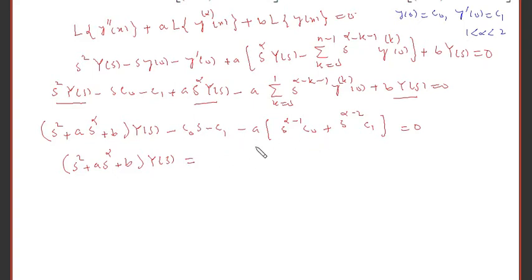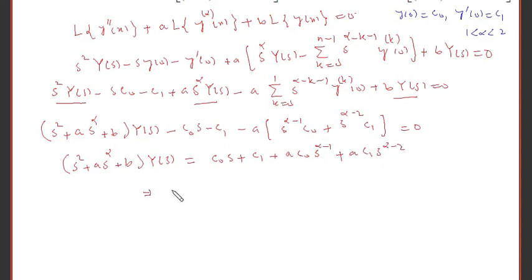Since all these terms are negative, once they are on the right hand side, all the terms become positive. So the first term is c0 s, then plus c1, then plus a times c0 s to the power alpha minus 1, and then a times c1 s to the power alpha minus 2.